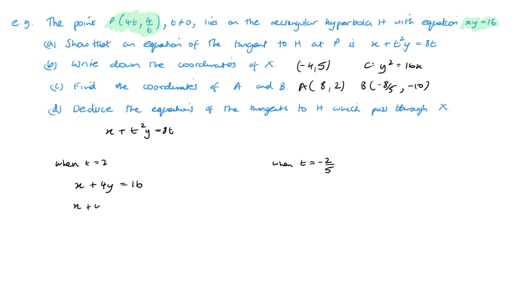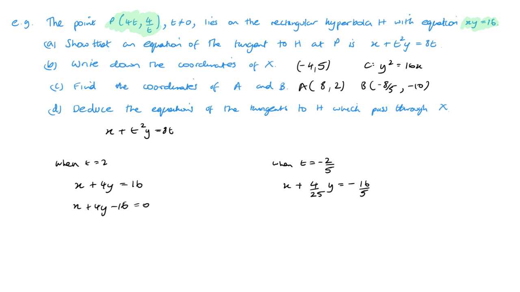So x plus 4y minus 16 equals 0. And x plus 4 over 25 y equals minus 16 over 5.